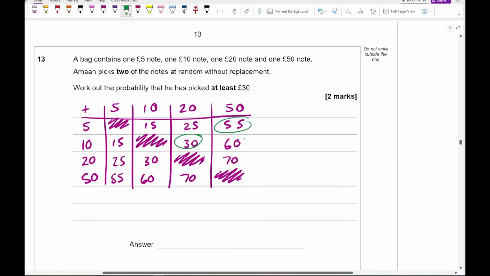So if I just circle those amounts, what's the probability of the circled ones? Well, that's going to give me an answer of 8 out of 12, in which I could leave my answer like this because we don't need to simplify fractions in probability unless it says, or we can simplify it as 2/3.